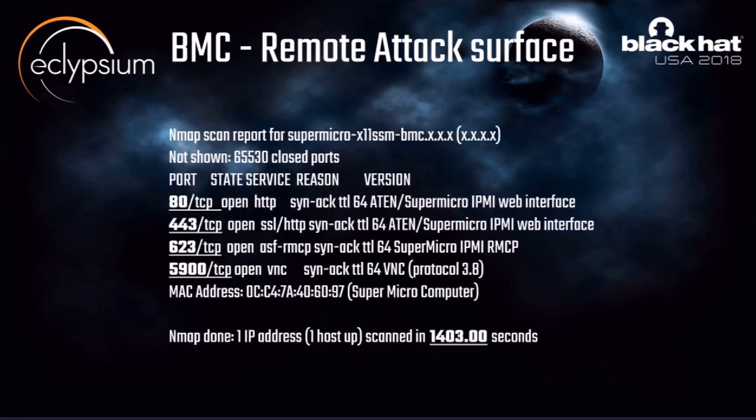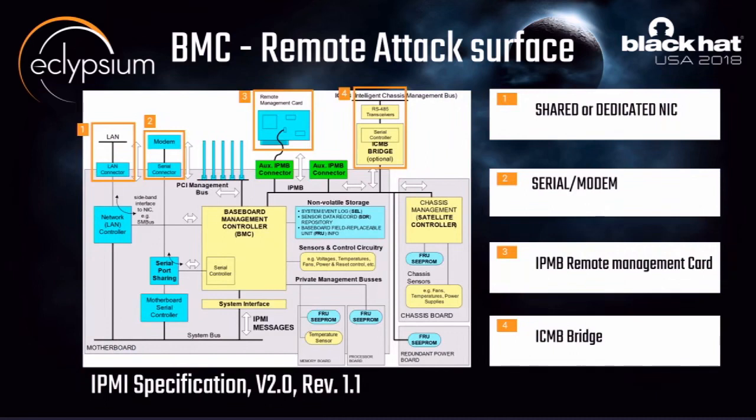From an attack surface perspective, over the network, when you look at the BMC, you see the IPMI protocol, the VNC port, and the web interface. It is very, very hard to scan BMCs. It takes a long time. But if you look in a little more detail, sorry for the horrible slide, there's more than network on a BMC.